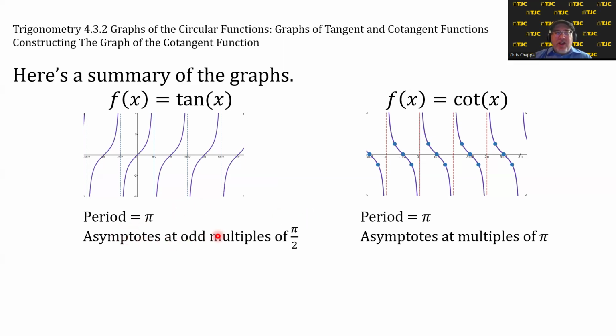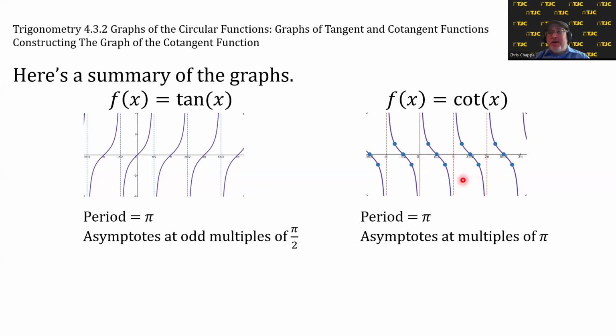Asymptotes of tangent are at odd multiples of pi over 2: 1 pi over 2, 3 pi over 2, 5 pi over 2, etc. But asymptotes for cotangent are at multiples of pi, which you could think of as even multiples of pi over 2: 0 pi, 1 pi, 2 pi, or equivalently 0 pi over 2, 2 pi over 2, 4 pi over 2.